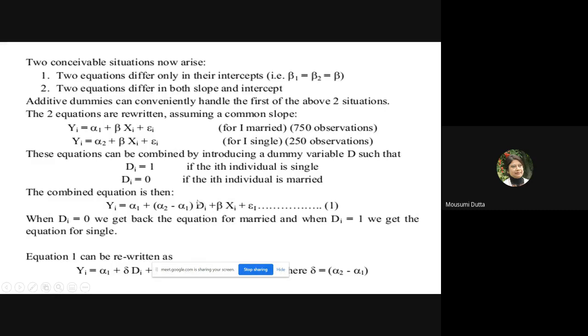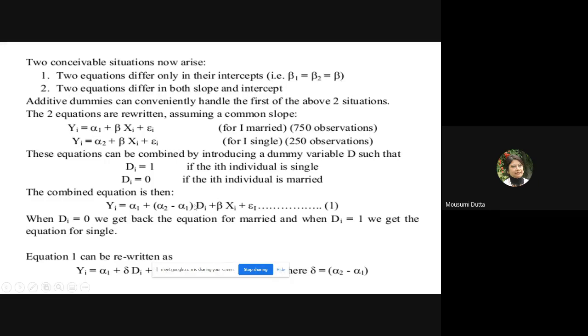Now, if you put di equal to 1, alpha 1 will be cancelled and you will get the equation alpha 2 plus beta xi plus epsilon i. So if I put the value di equal to 1, I get the equation for the single, alpha 2 plus beta xi plus epsilon i. However, if I put the value 0, I get the equation alpha 1 plus beta xi plus epsilon i, which is the equation for the married.